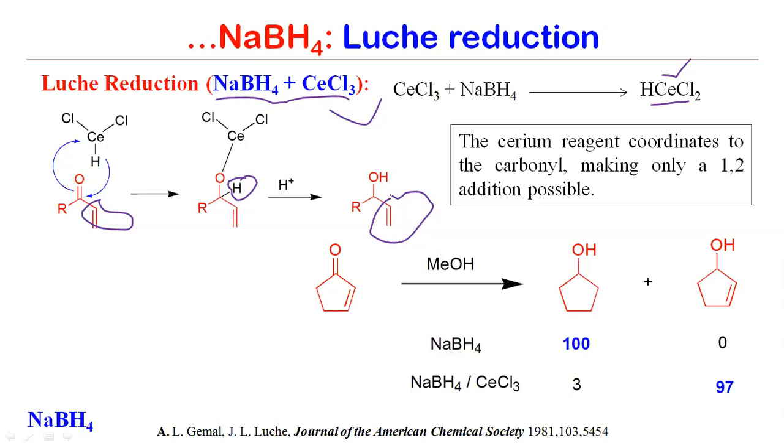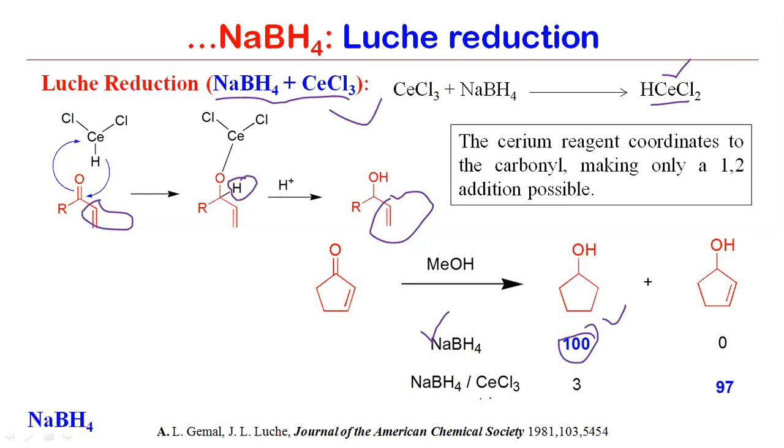All right. So if you want to compare, here this is an alpha beta unsaturated carbonyl compound. If we are treating with only sodium borohydride, then we are getting a reduction product where reduction takes place in 1,4 fashion. That is discussed. We are not getting any such kind of product.